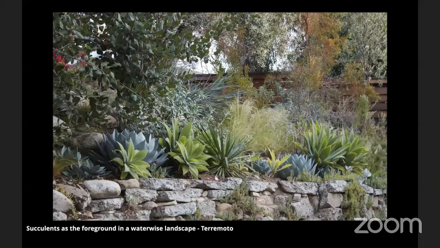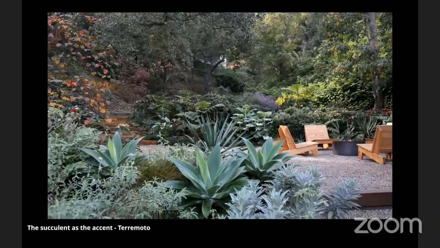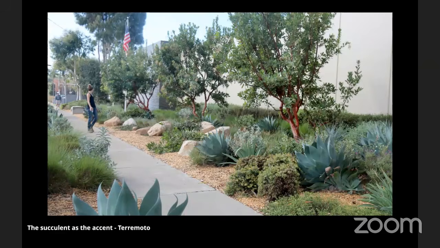Or here, just working with some contrasting agaves, mostly, and then some little ground cover succulents as just a foreground strip with then taller and more shrubby and grassy background. And sometimes the succulents can just be the accent in an otherwise waterwise garden. So here's more of a Mediterranean with the arbutus strawberry tree.